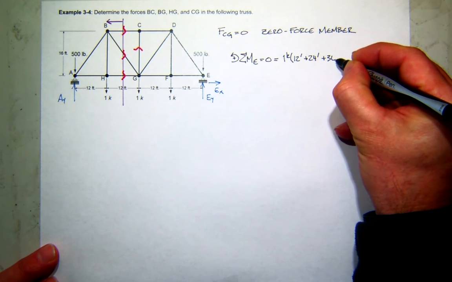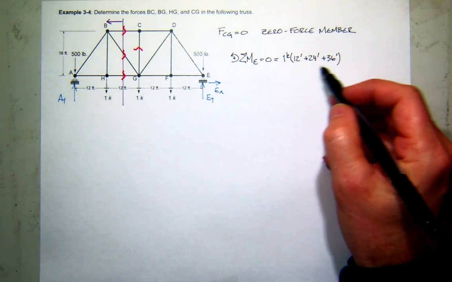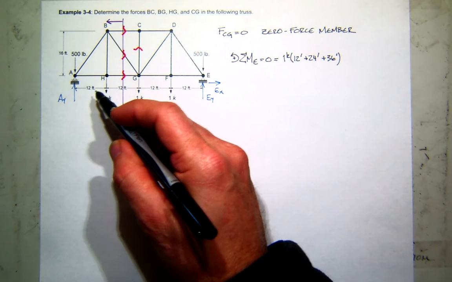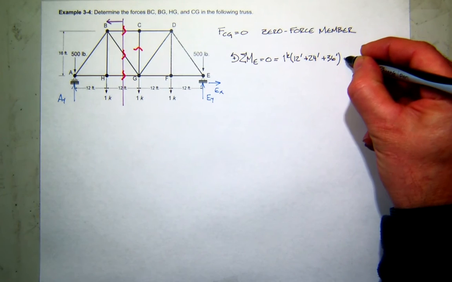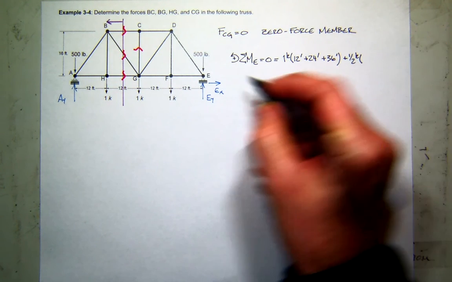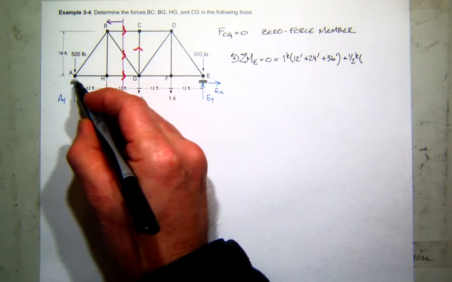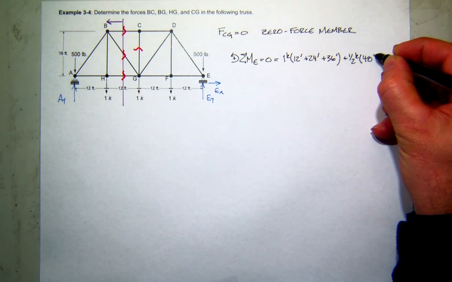So I'm just saving myself a little writing. That takes care of the moment of all these forces. I've still got a 500-pound force here, so that's half a kip. And what's its moment arm? The distance from E to A, which is 48, right?